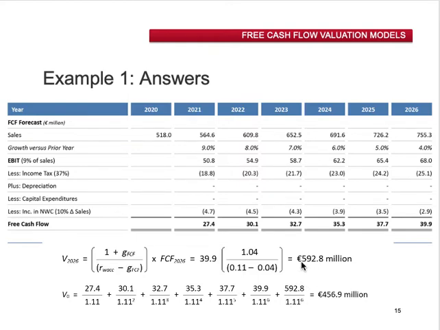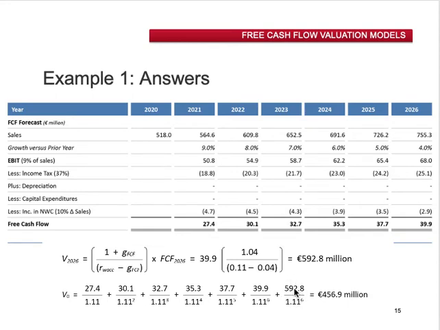Because if 592.8 million is the present value of the cash flows of 2027 and beyond at this point in time, we need to discount that back. So from here to here is 1 year, 2 years, 3 years, 4 years, 5 years, 6 years. Okay? So we can see that over here.